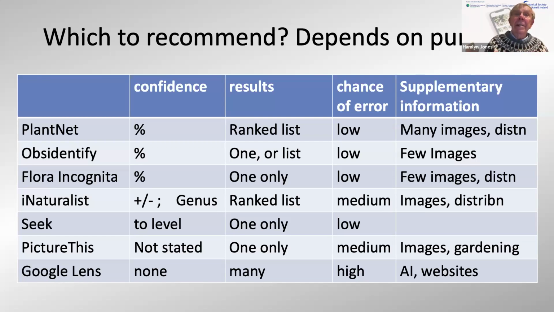Others which give ranked lists are iNaturalist, and Google Lens gives you lots of options. I should have mentioned that if you have an iPhone, the built-in visual lookup app is pretty good, but I haven't reviewed that because I don't have an iPhone.